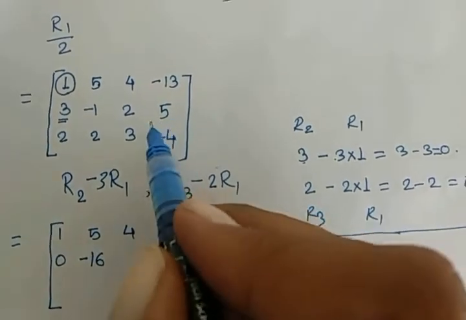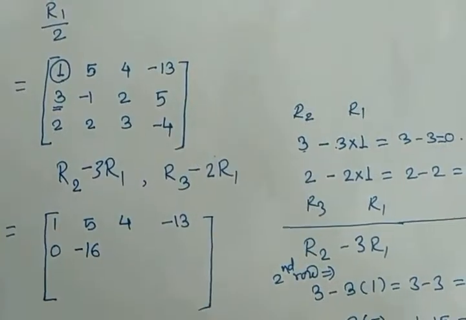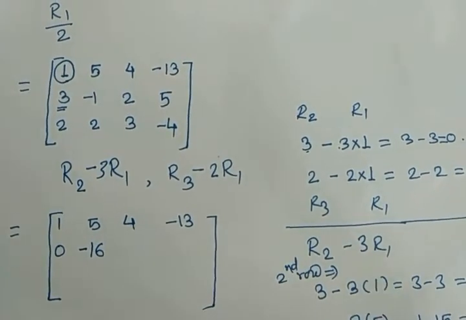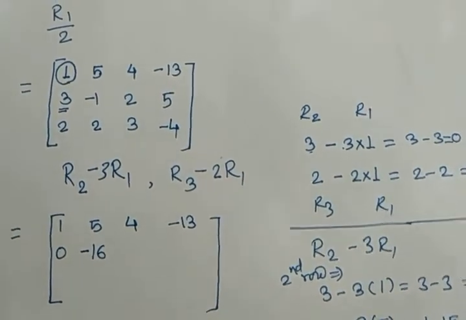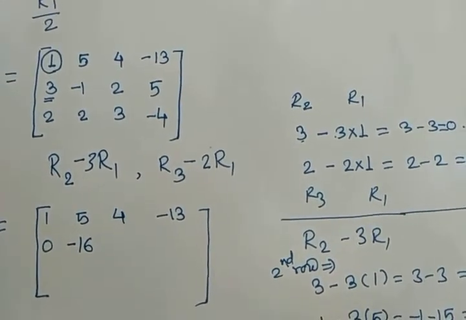Similarly, next it is 2 and its above value is 4, 2 minus 3 into 4, which gives 2 minus 12, which is minus 10.